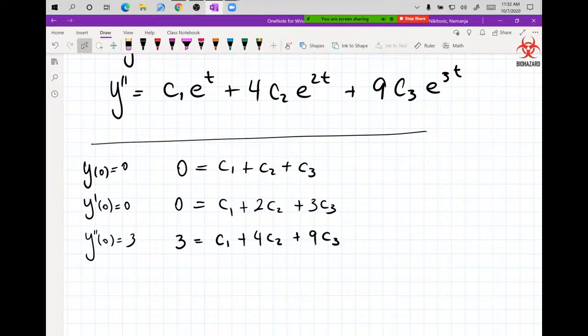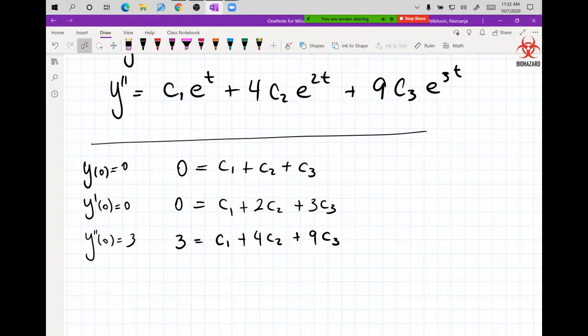And 1, 4, 9, 3. There we go. Now we do second matrix, math, row reduce echelon form. There we go. And then pick matrix A. The matrix A.